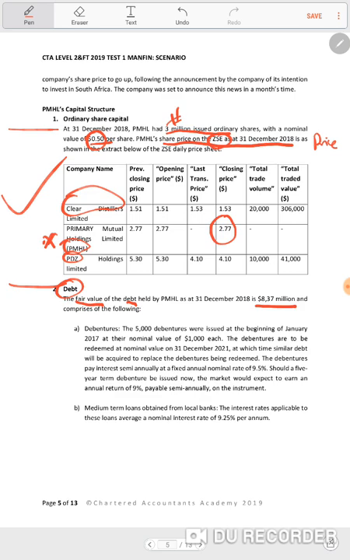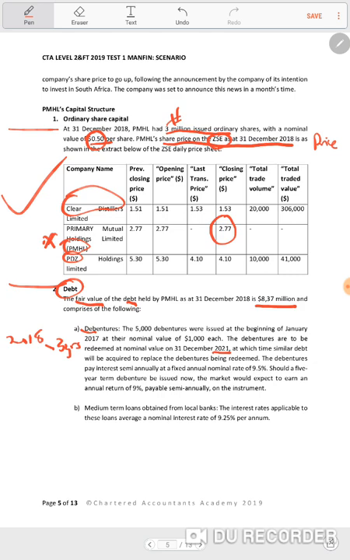So if we read through, these debentures are going to be redeemable in 2021. In our current year, we are in 2018. So 2021 and 2018, which means it's only left with 3 years. Is 3 years a long-term source of funding? I would say no, because it's just going to be 3 years.